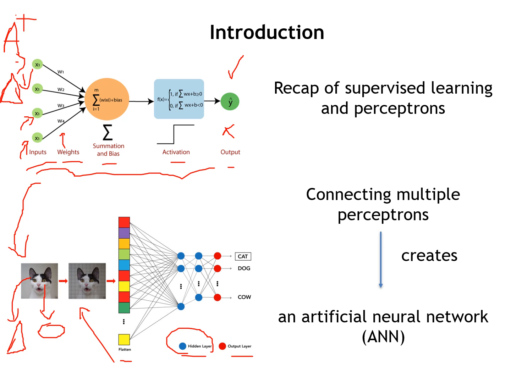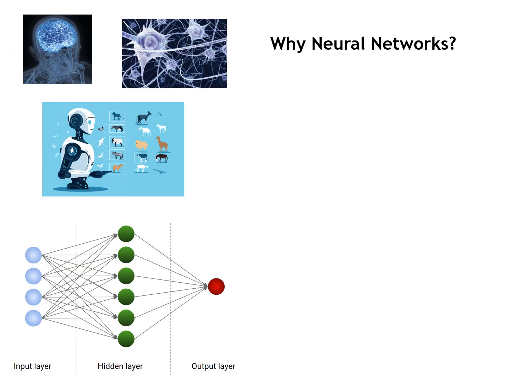Why do we need neural networks to do these kinds of things? Why do you think we need neural networks? Again, it was inspired, if you remember, the perceptron was inspired by neurons.